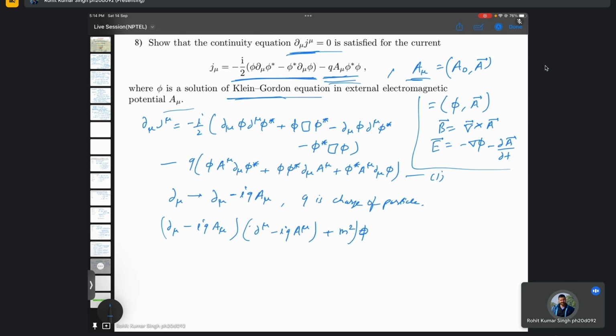Operated on phi. Okay, so this is the modified Klein-Gordon equation for a spinless particle inside an electromagnetic field.